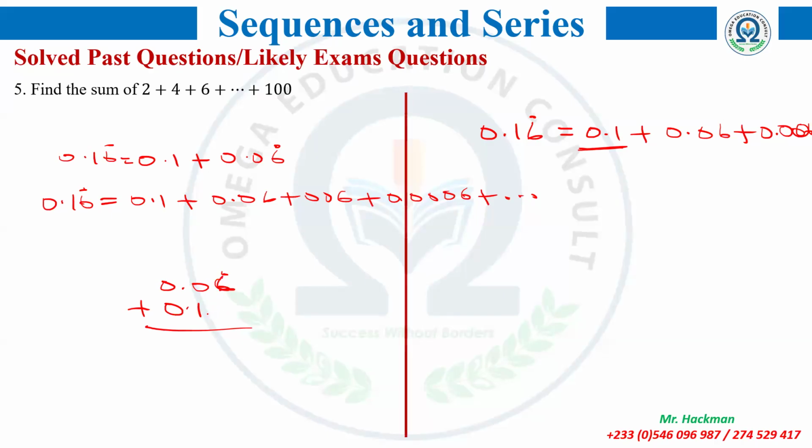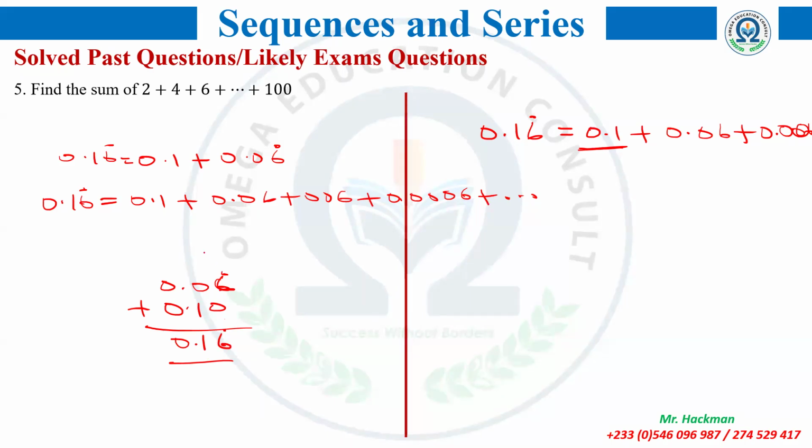Okay, so Amma, do you agree that it's the same as this? Are you with me? So if you add this, it will give you 6 dots. Do you agree? If you add this, what do you get? 1. If you add this, what do you get? 0 point. So you get it.